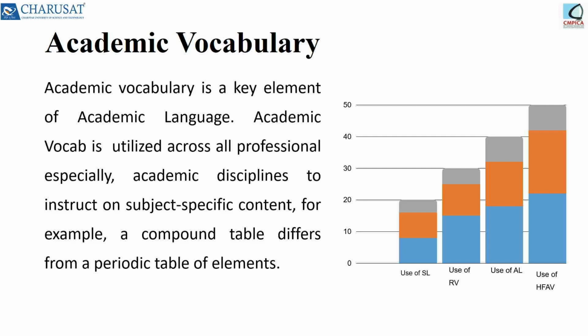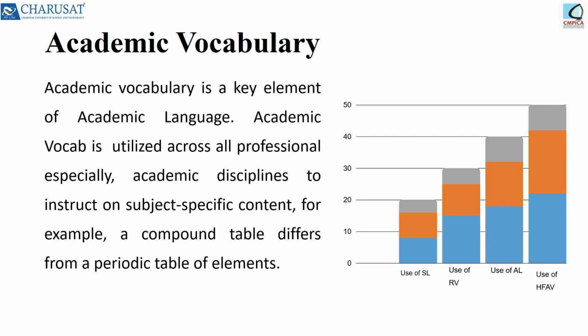If we are talking about academic language, the key element over here would be vocabulary, right? And vocabulary is utilized across all professional, especially academic disciplines, to instruct on subject specific content. An example over here is how a compound table differs from a periodic table of elements.